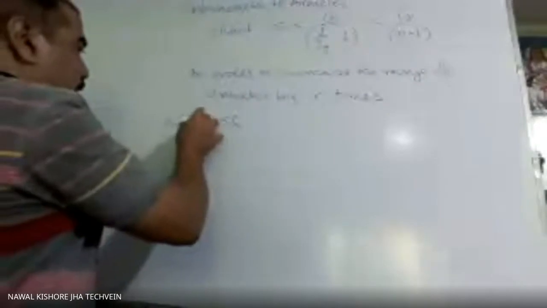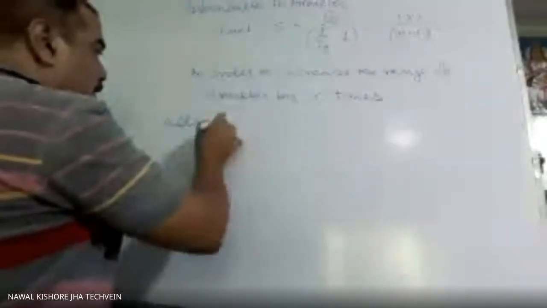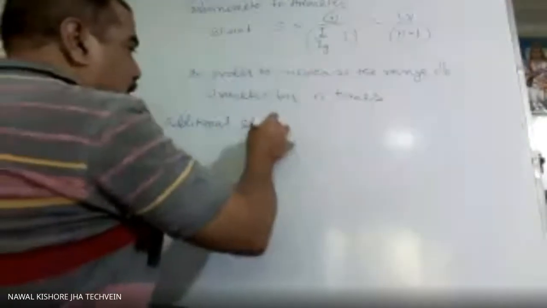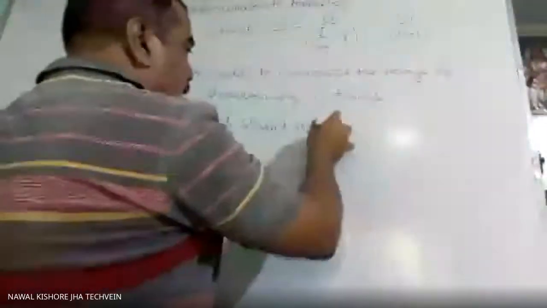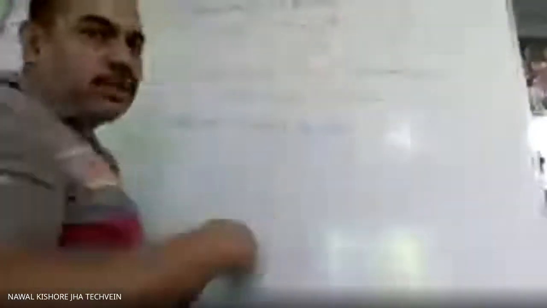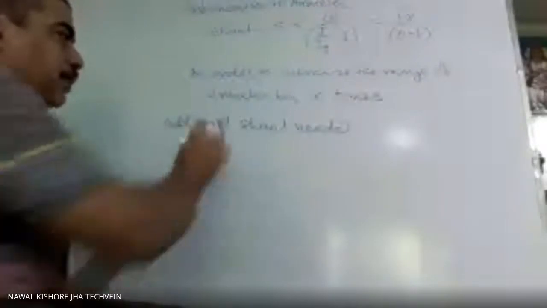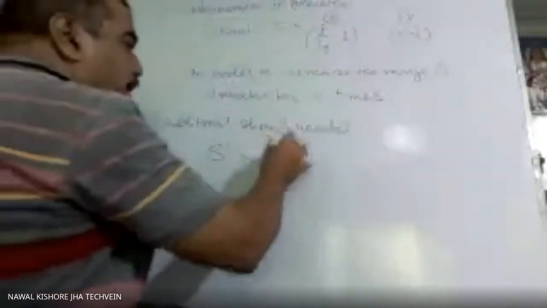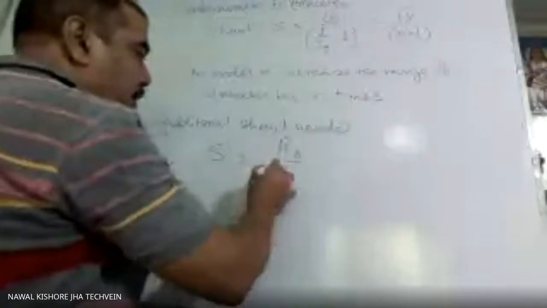Then for that, the shunt needed was, or additional shunt we can say, shunt means a very low resistance connected in parallel, that we call shunt. So one shunt is already there when galvanometer is converted into ammeter. Now another one will be required, we will connect one additional shunt in parallel to the ammeter.